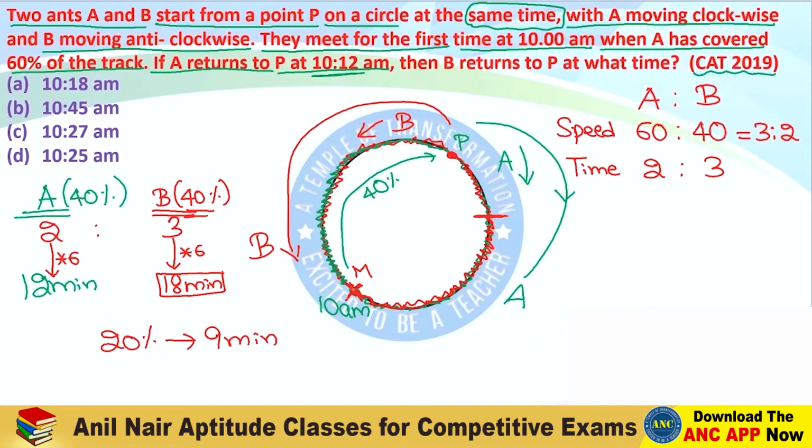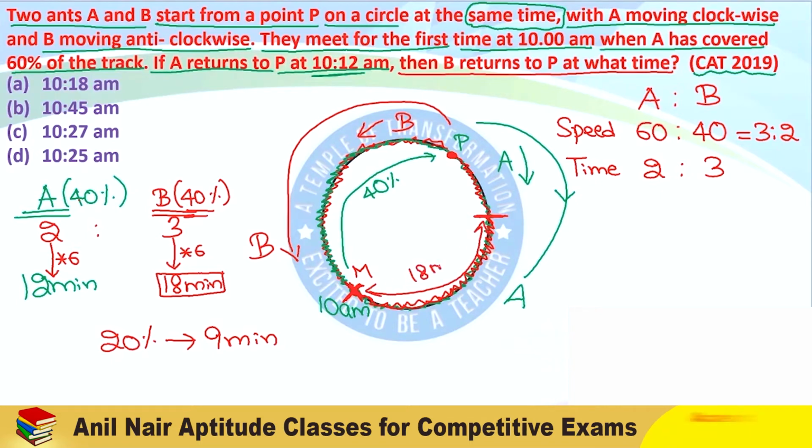That means from 10 o'clock, what is your question? B will come back to P at what time? From 10 o'clock, B is totally covering 60% to come to P. So 40% of the distance takes 18 minutes, and the remaining 20% takes 9 minutes. So totally to cover 60% from 10 o'clock, it takes 18 plus 9, 27 minutes.